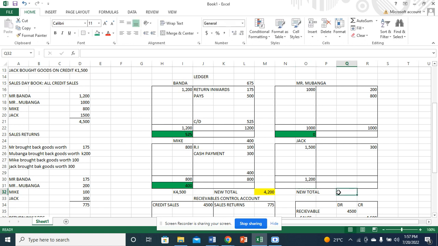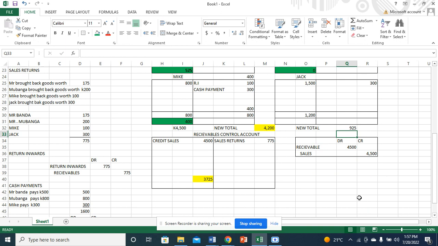That's 525 plus 400, 925. On our control account, the total cash payments is 1,600.